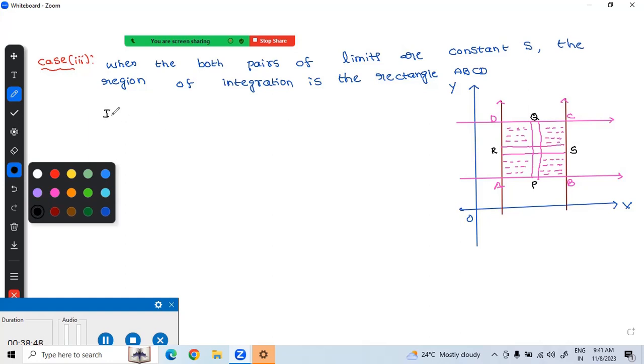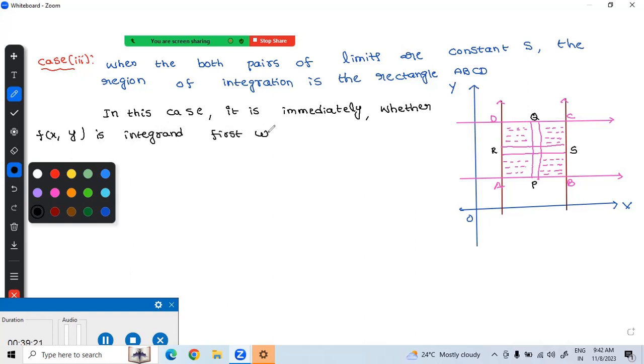In this case, it does not matter whether f of x comma y is integrated first with respect to x or y, anyone, you choose anyone.